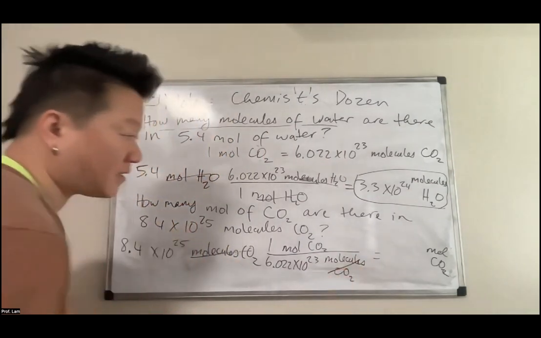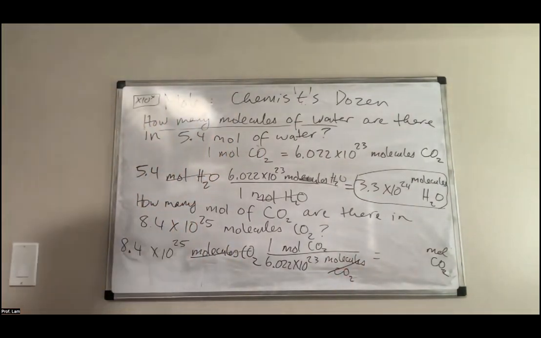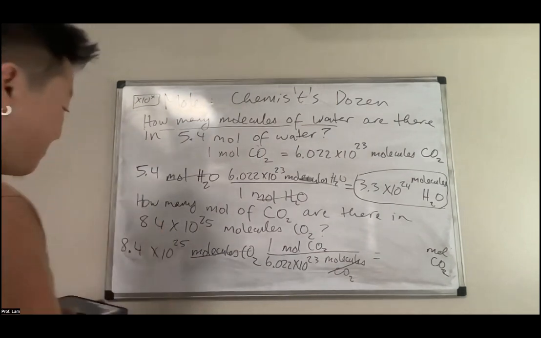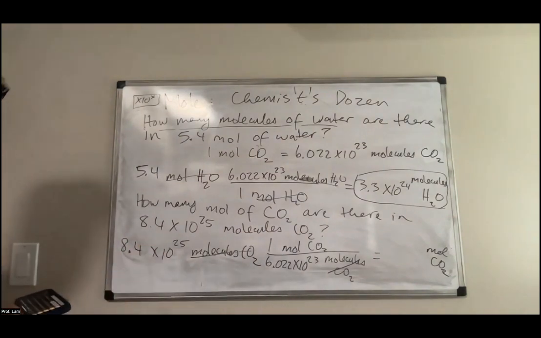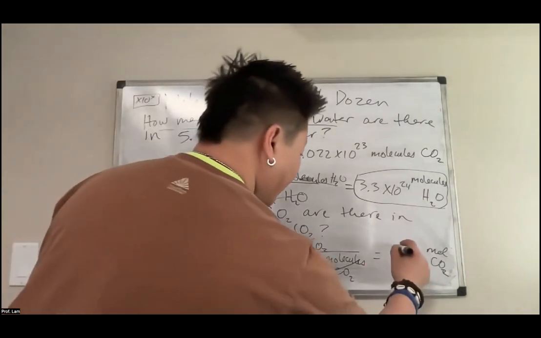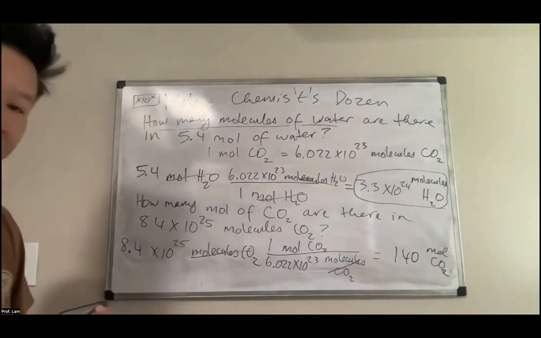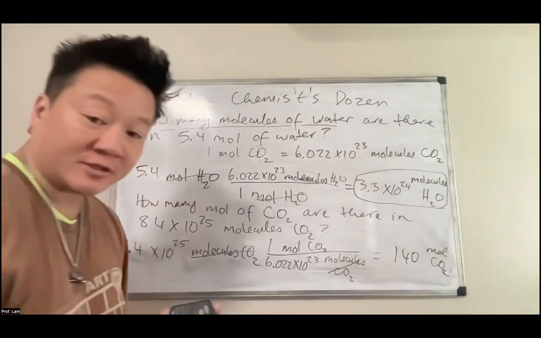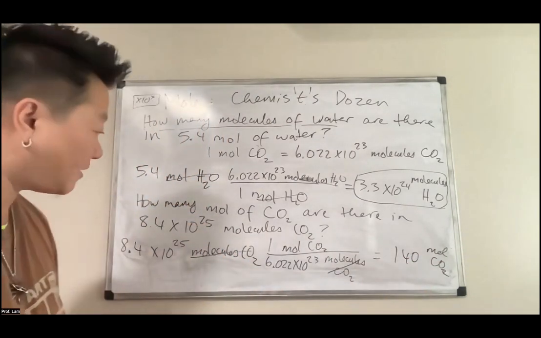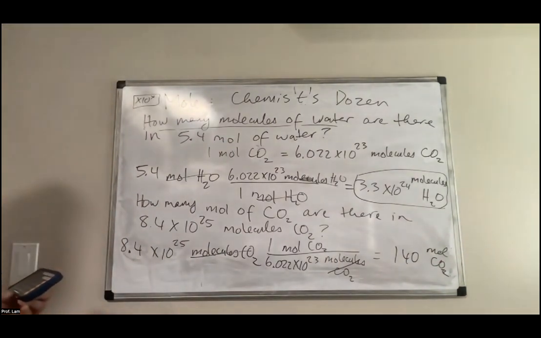So that cancels. 8.4 double E 25 divided by 6.022 double E 23. It's going to be 2 sig figs, because you got 4 sig figs there and you got 2 sig figs there. So 139 is going to round to 140. This 0 doesn't count. So 140 is only 2 sig figs, only the 1 and the 4.